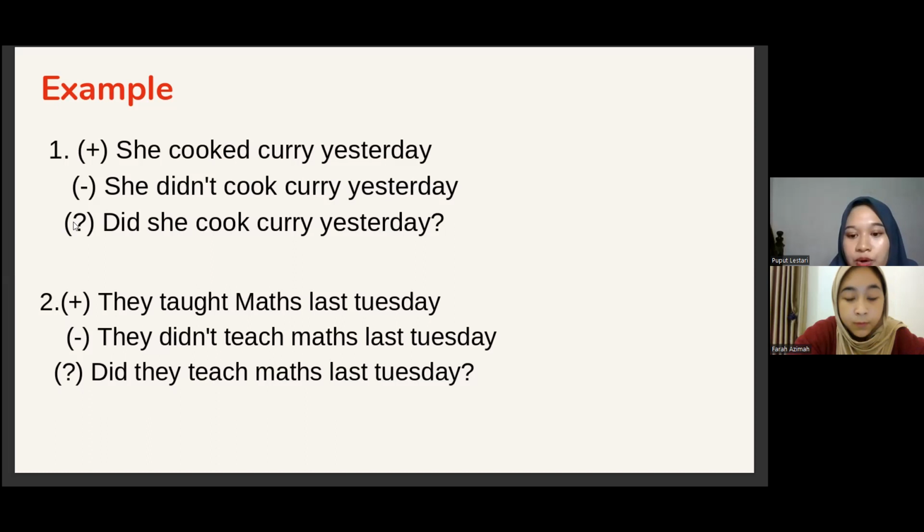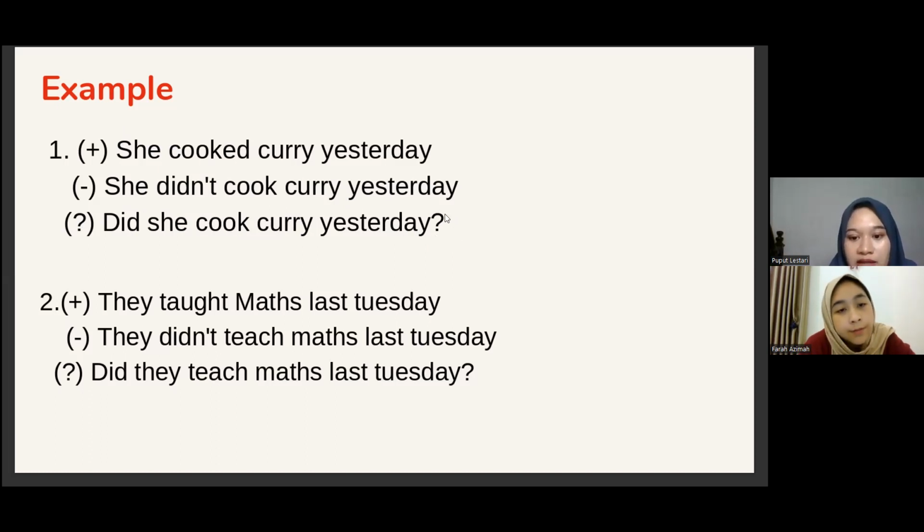And then the interrogative sentence: did is put at the front, not didn't, because in the interrogative sentence the did becomes positive. Okay. Did adds she as the subject, cook as verb 1, still using verb 1. Remember, verb 2 is only in the positive sentence. The rest is like the other sentences, but you must add a question mark.